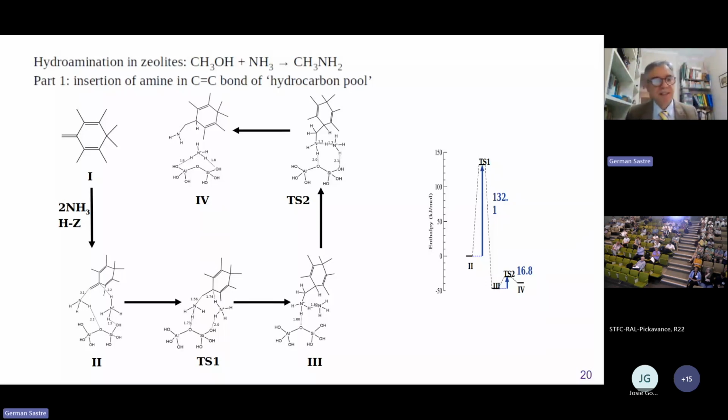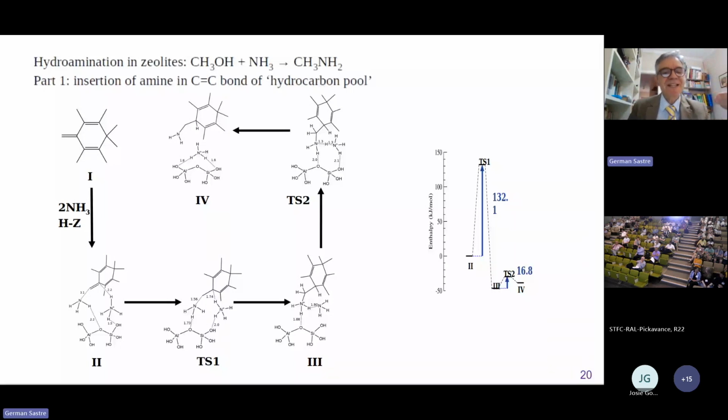So we start with this. This is an important neutral intermediate. So in step 2, in the intermediate 2, we propose that this is interacting simultaneously with one molecule of ammonia and one molecule of ammonium. Ammonium is produced through protonation from the Bronsted site.